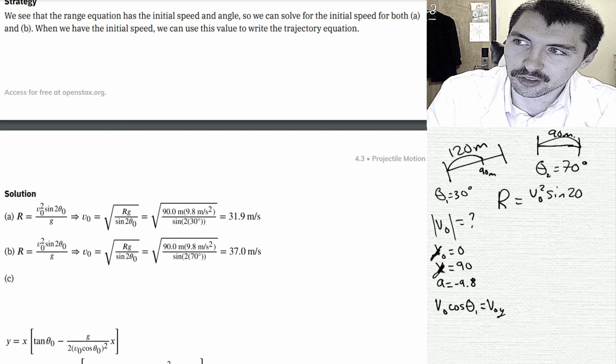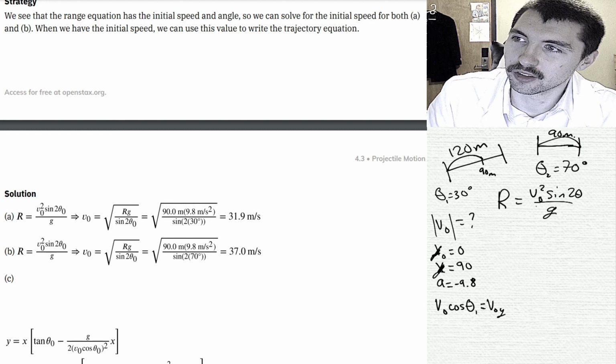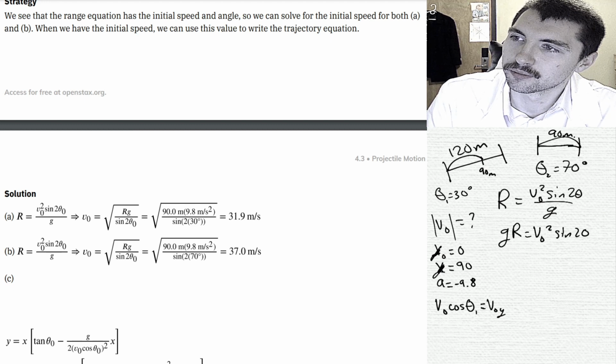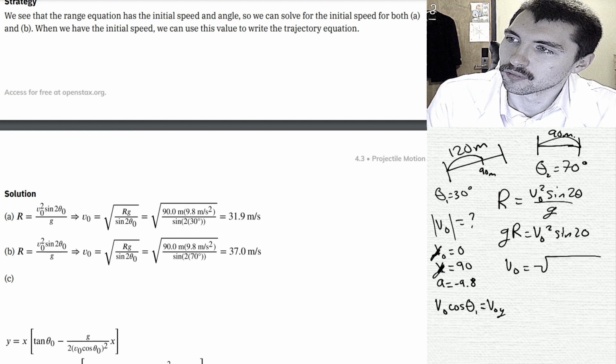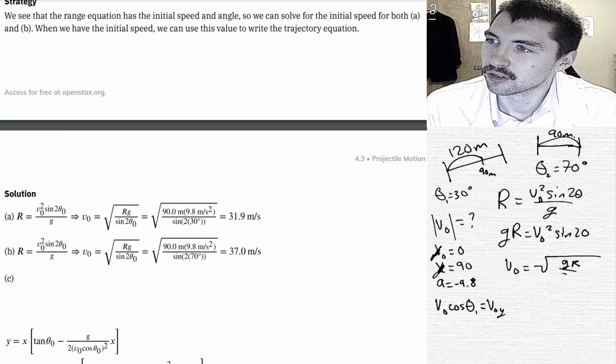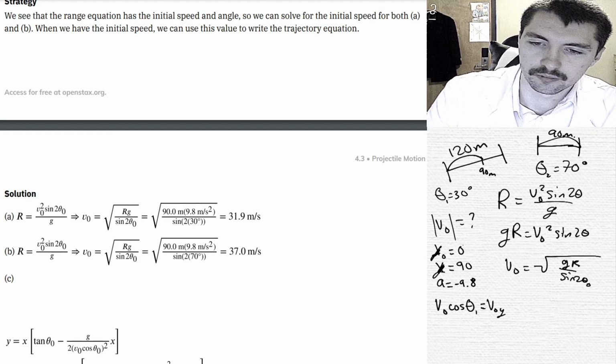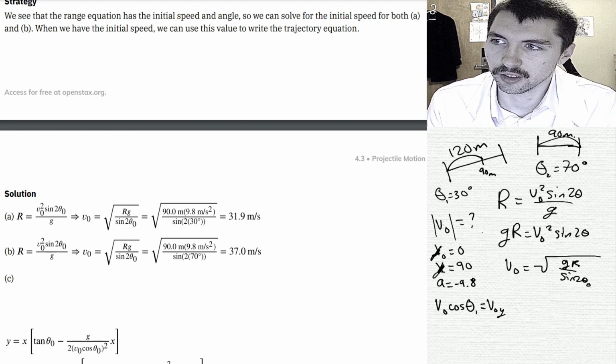I want to say I know how this becomes velocity. All right, so they're taking this and solving for V naught squared, which gives the square root of GR over sine 2 theta.